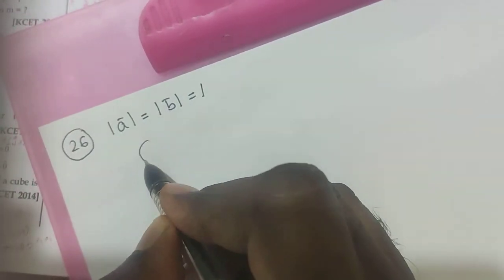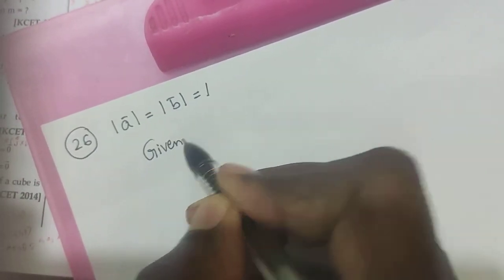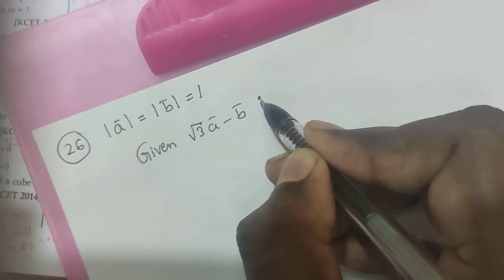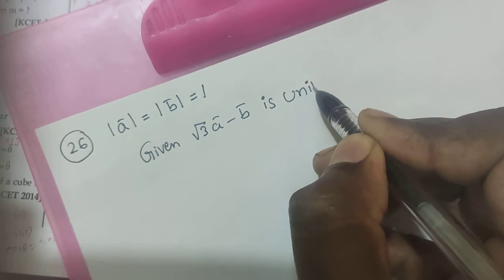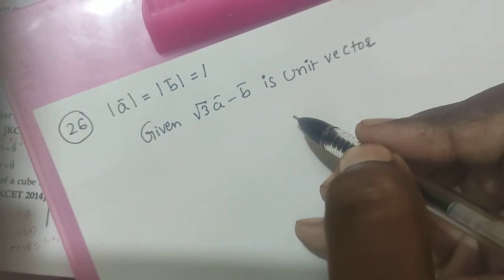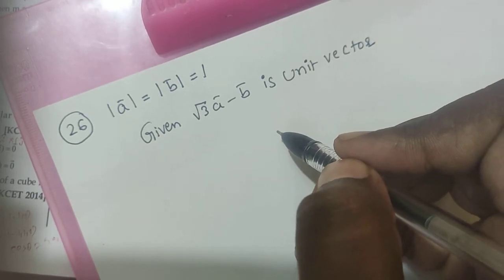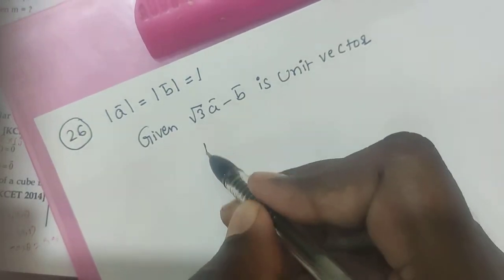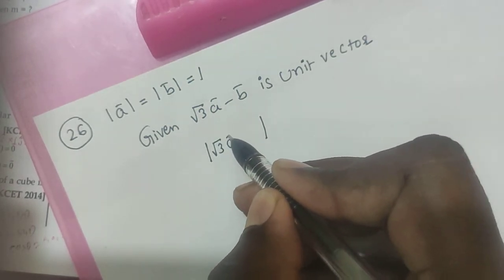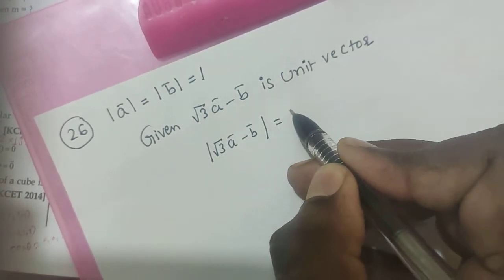Given root 3 a bar minus b bar is a unit vector. What about the magnitude of the unit vector? The magnitude of the unit vector will be 1. Therefore, the magnitude of root 3 a bar minus b bar is equal to 1.